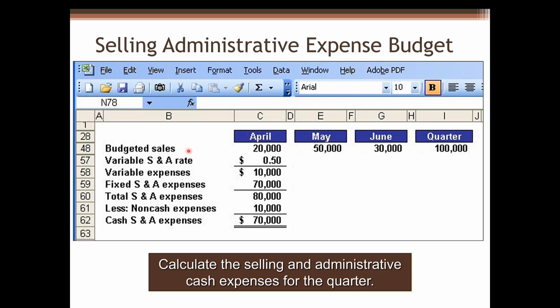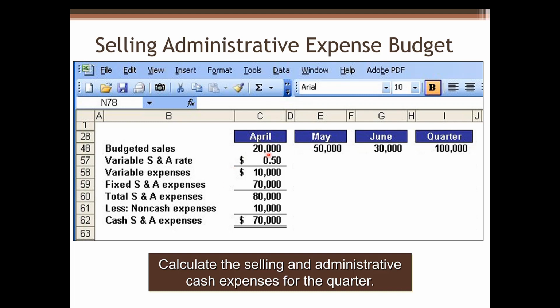So we can use budgeted sales in units for each month, multiplied by the variable selling and administrative rate to get total variable expenses, plus fixed selling and administrative expenses to get total selling and administrative expenses.